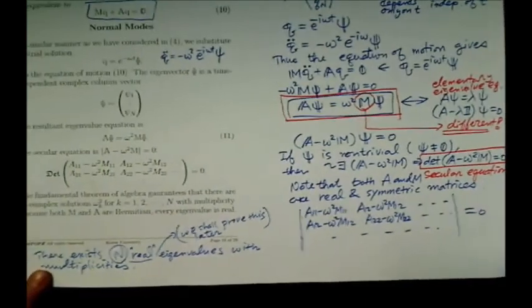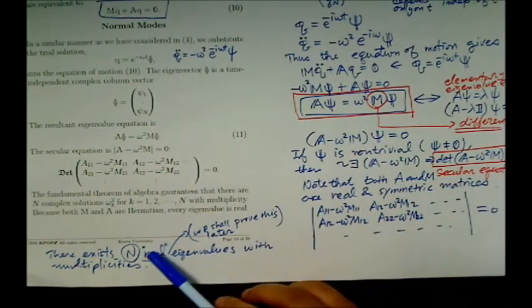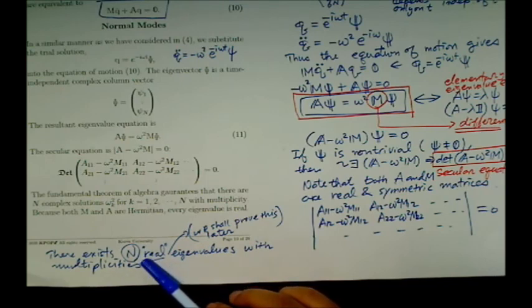Again, because these two matrices are Hermitian, we shall find that the eigenvalues are all real, and the eigenvectors are all orthogonal. Even though there are some multiplicities, the eigenvectors are all orthogonal.